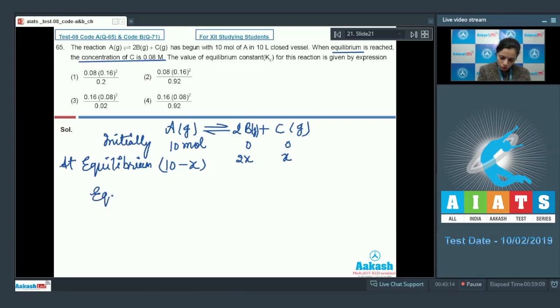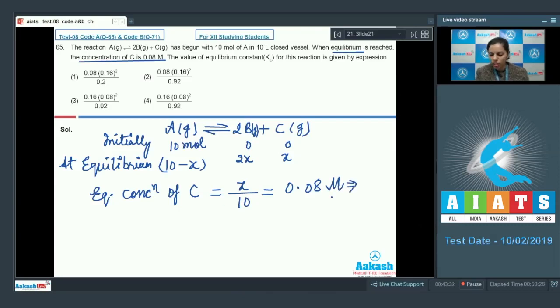So it should be x, the amount, divided by the volume. And this is equal to 0.08 molar. And on the basis of this, we can conclude that the value of x is equal to 0.8.